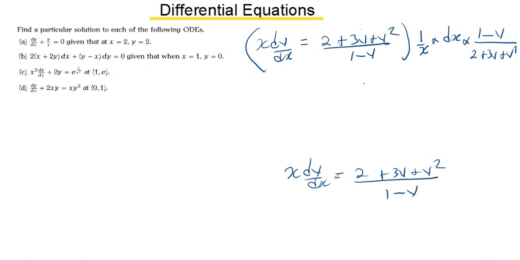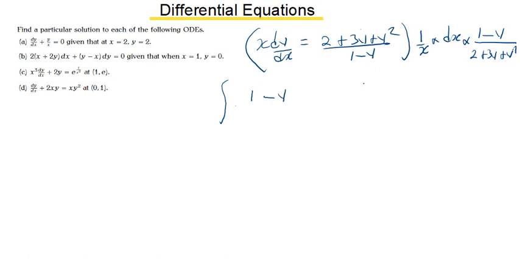You're going to have the integral of 1 minus v divided by 2 plus 3v plus v squared dv equals the integral of 1 over x dx.